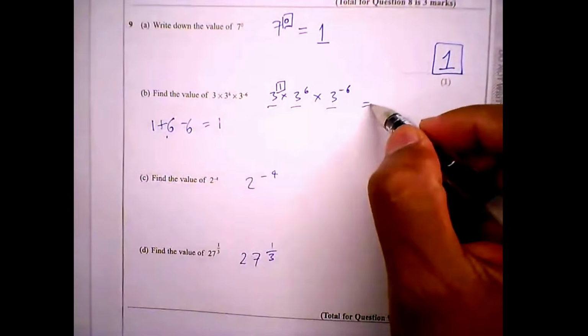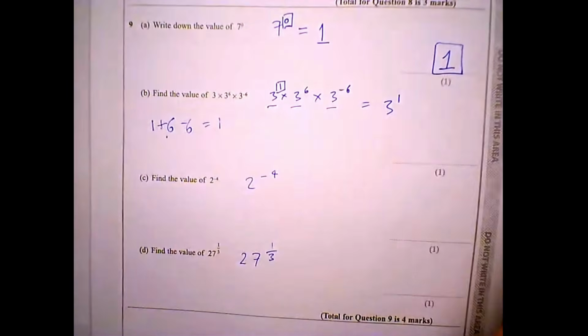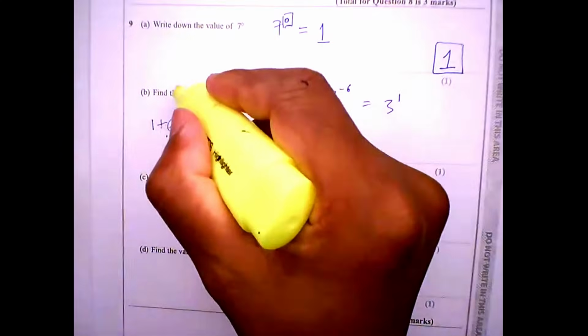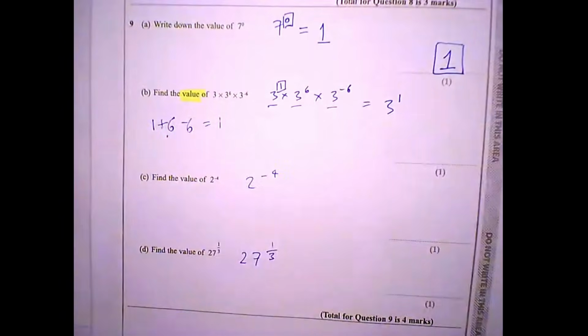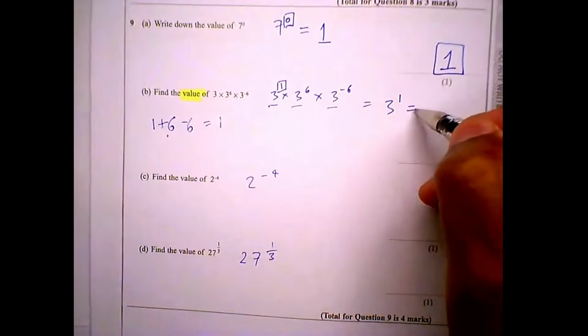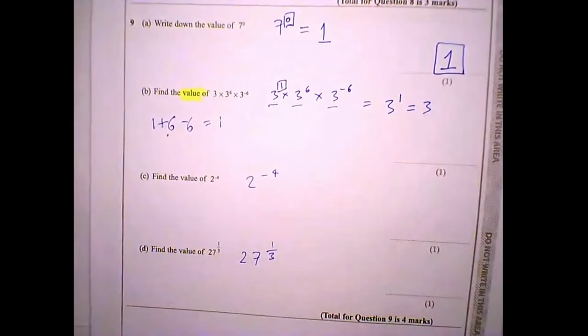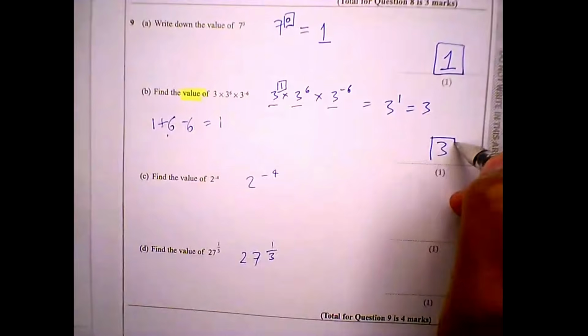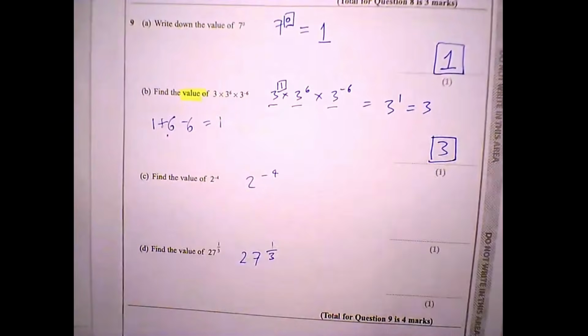So this is 3 to the power 1. Now if I read the question again, it said find the value. And so 3 by itself, I can change it to a number which is just 3. So my final answer is 3. Nice 1 mark question here.